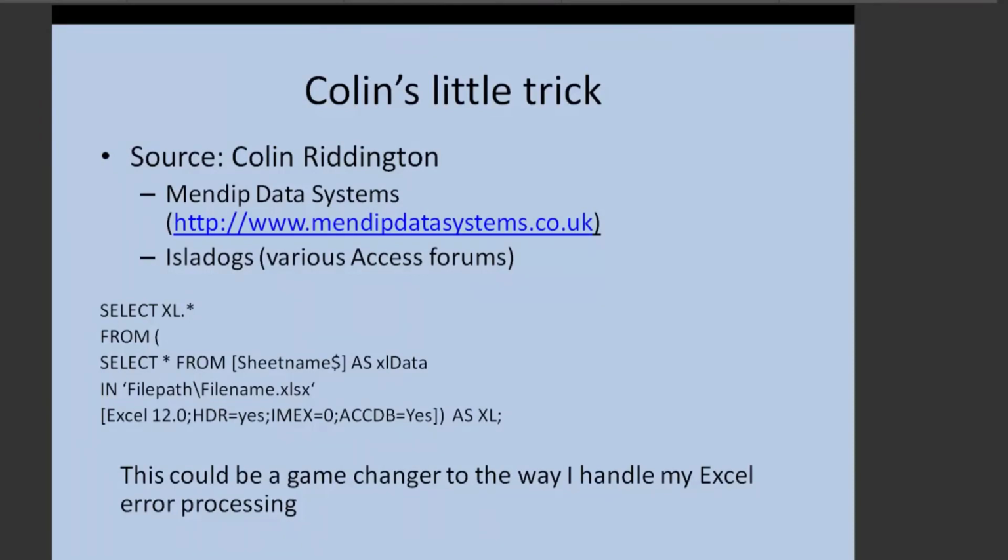Dale? Yes. I've only just joined the meeting, so I've missed most of this, but I've just tuned in as you're doing this, my little trick, as you've called it. Did you earlier try opening the linked table? In other words, is that still active within Access? Because if it is, it's locked your Excel spreadsheet.